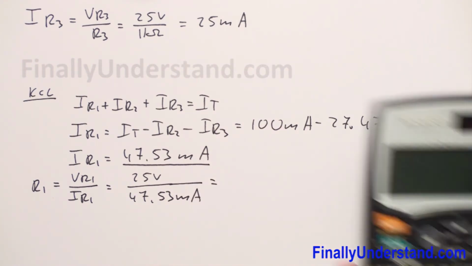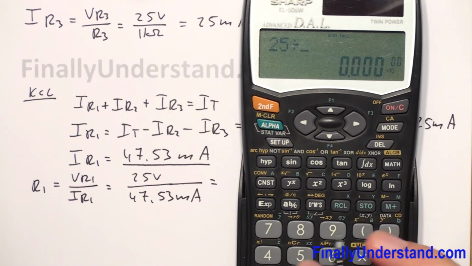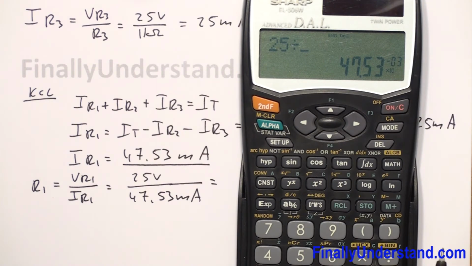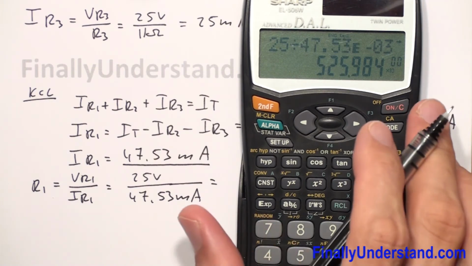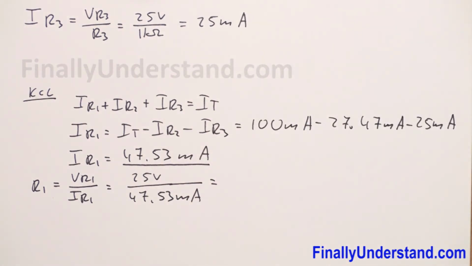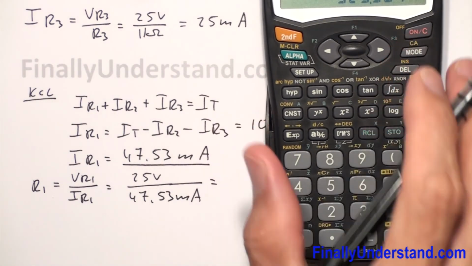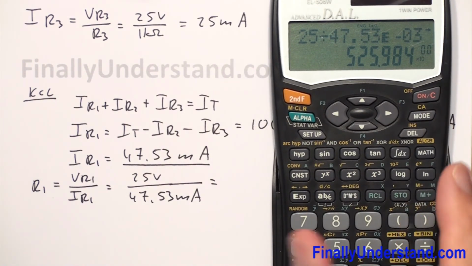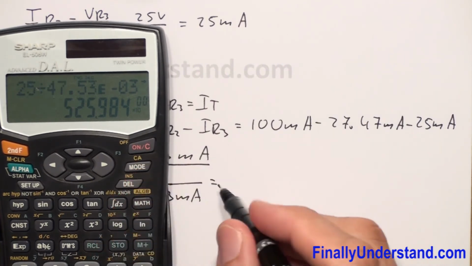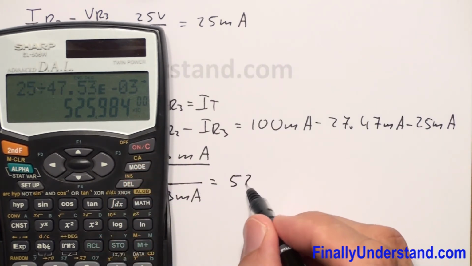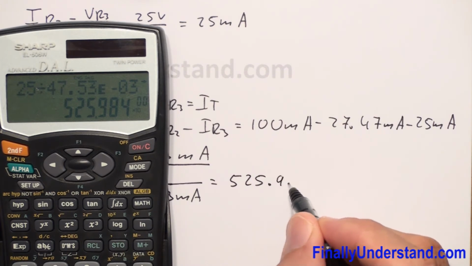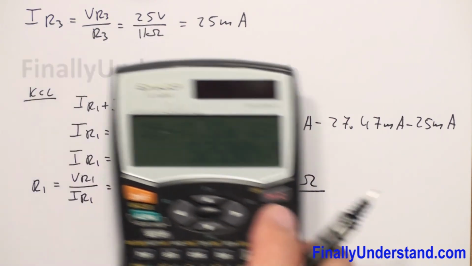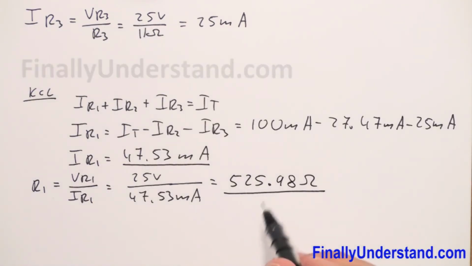So this is equal to 25 divided by 47.53 times 10 to the negative 3, which is equal to 525.98 ohms. So this is my resistor R1.